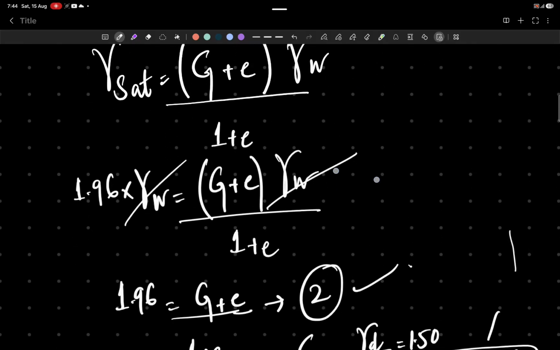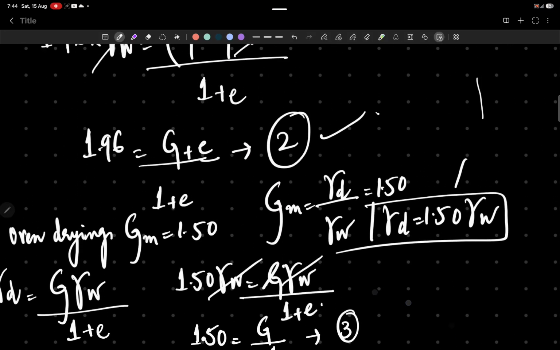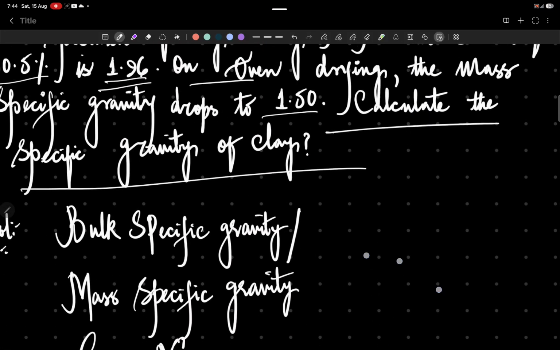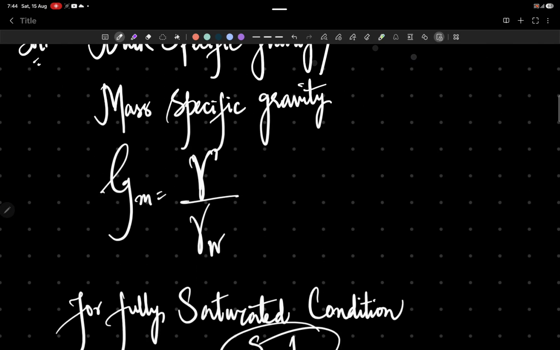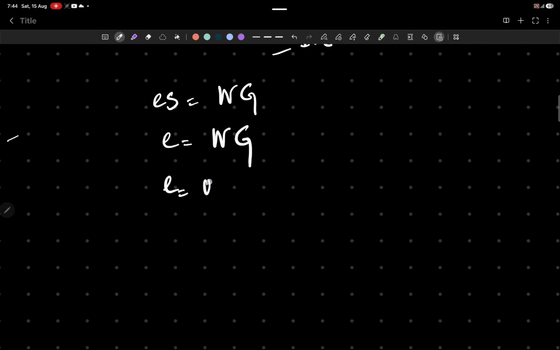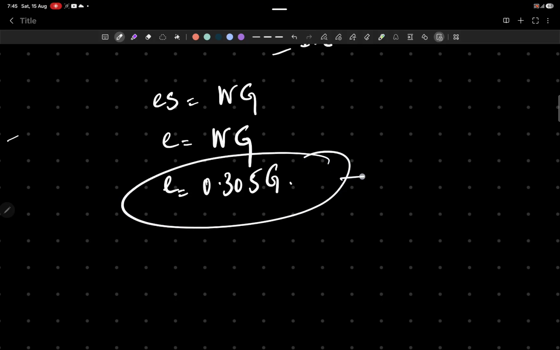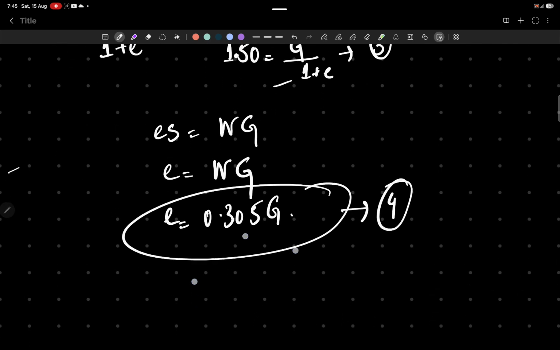So S is 1, so e will become w G. Water content is 30.5%. So this will become 0.305 G. Let me call it equation 4. We have a lot of equations, 1, 2, 3 and 4.